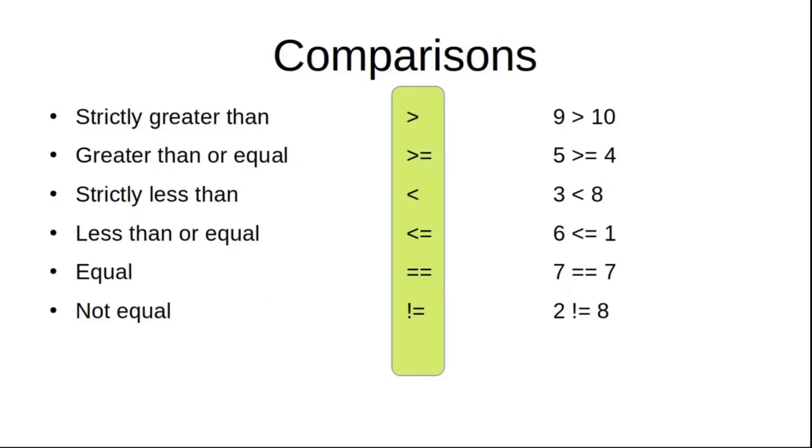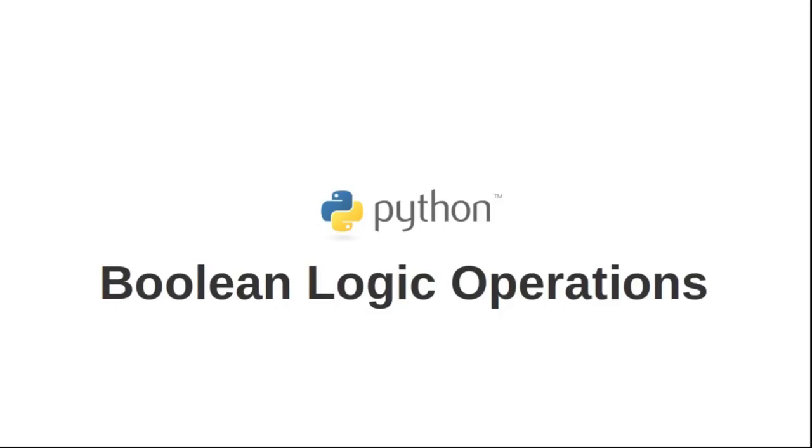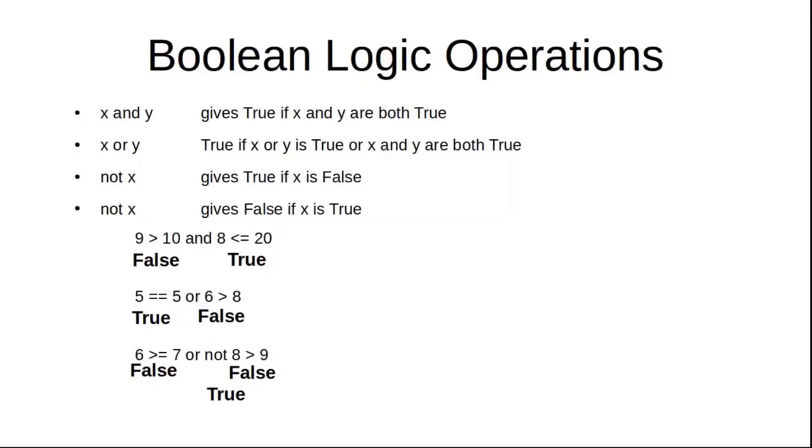Now let's explore boolean logic operations: and, or, not. In the AND operation, Python evaluates if both sides of the operator are true. If so, it gives true.